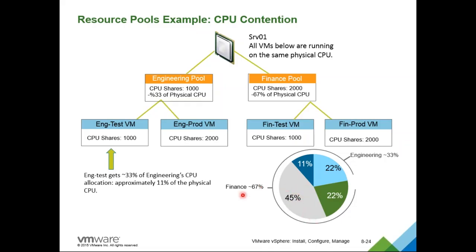But I predefined 67% resource to my finance pool from my root resource. However, my finance pool VMs can utilize 45% as per the requirement.